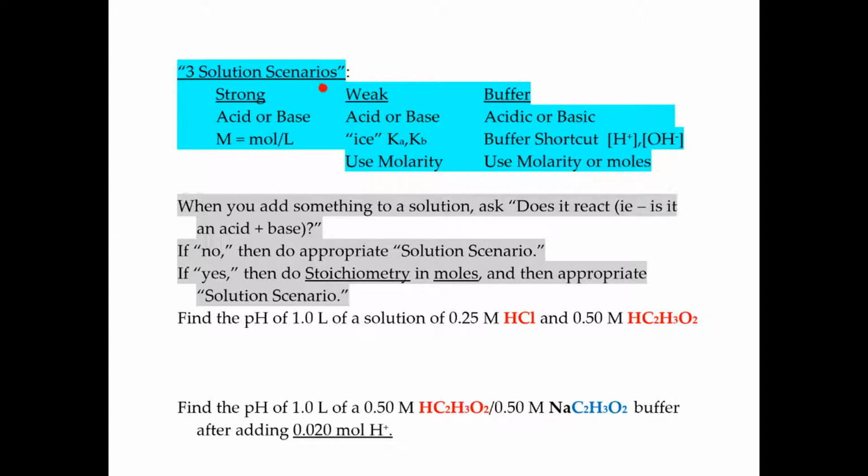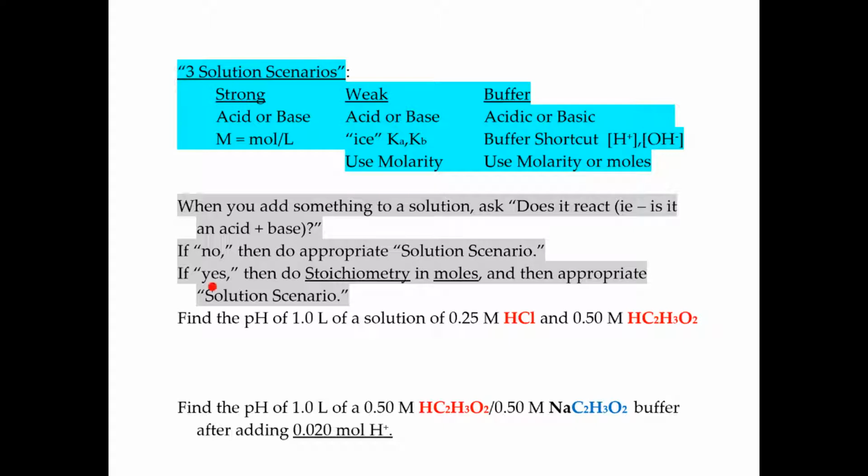It's like a beaker sitting there by itself. Now we're going to figure out what happens when you add something to a solution. The first thing you have to ask is, does it react? In other words, is it an acid plus a base that are not conjugates of one another? If the answer is no, they do not react, then just go to the correct solution scenario of being either a strong or a weak or a buffer.